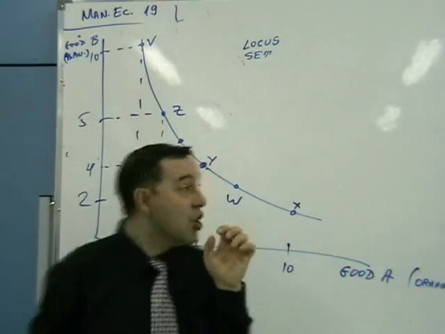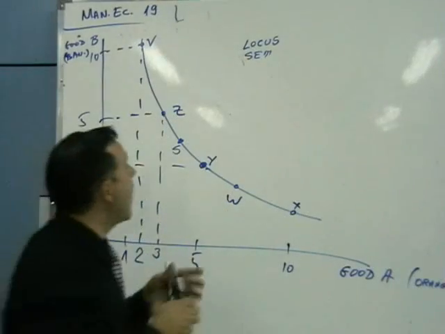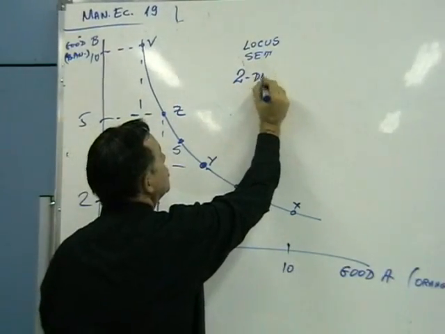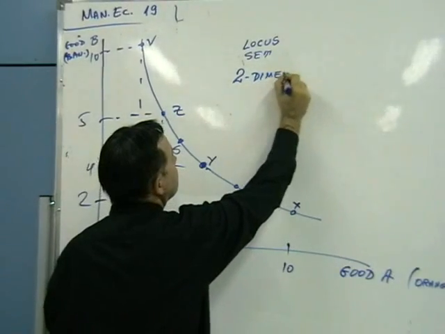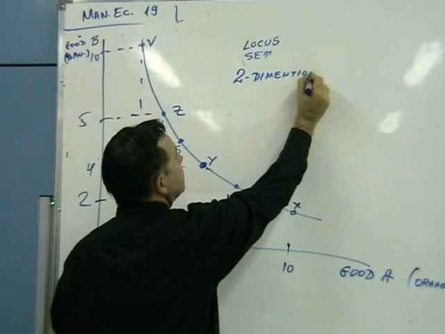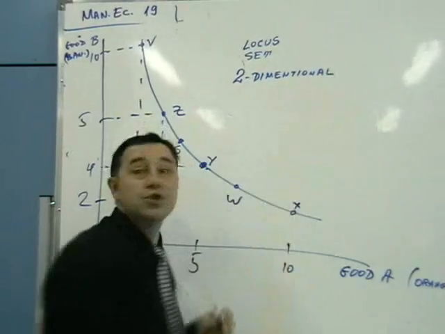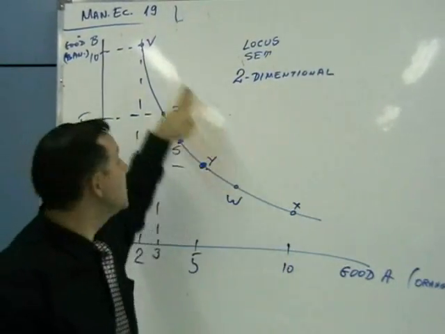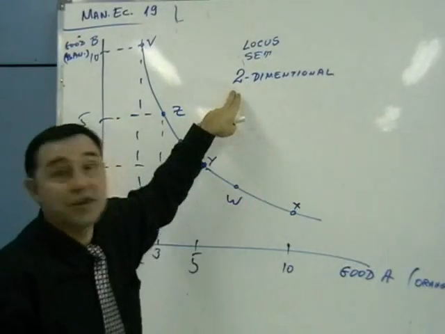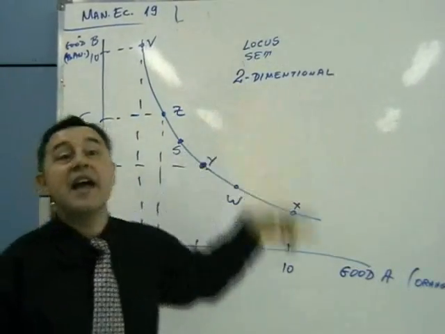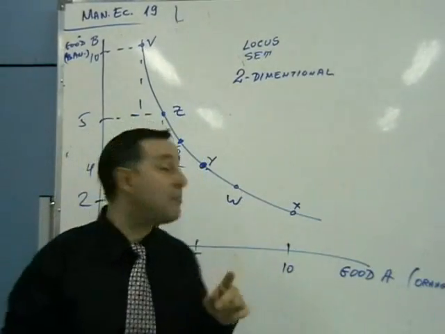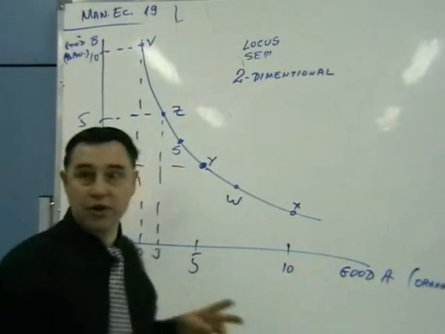Right now, this graph is, we call it in mathematics, 2-dimensional. So this graph represents an indifference curve on a 2-dimensional plane, and this simply means that our bundle is made up of 2 different consumer goods.